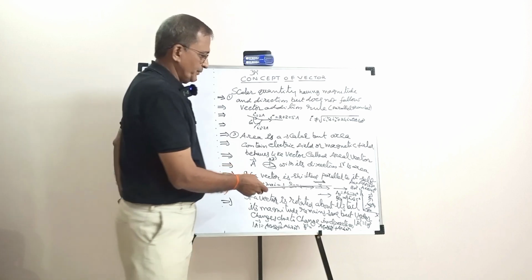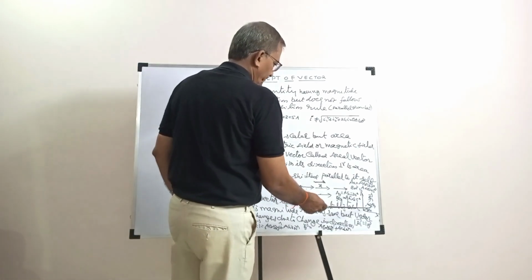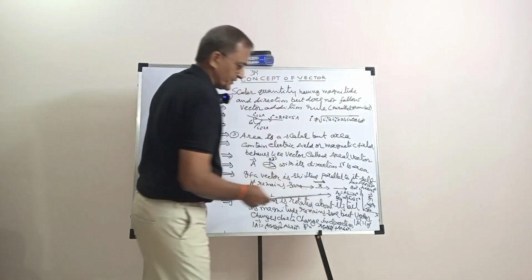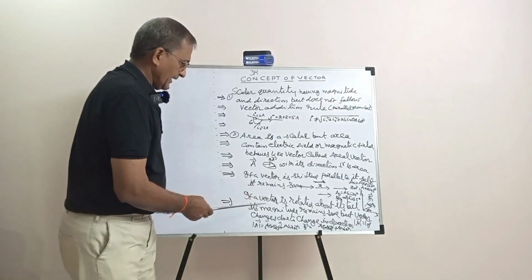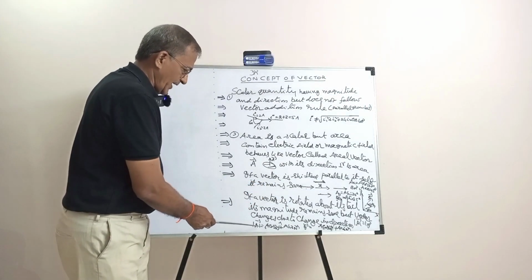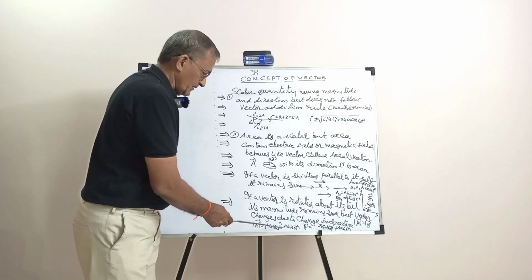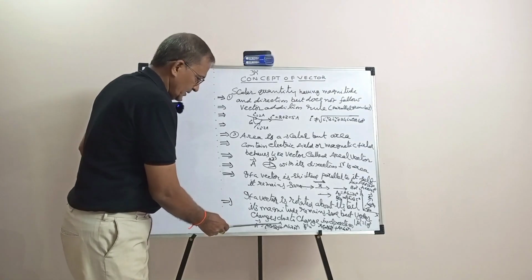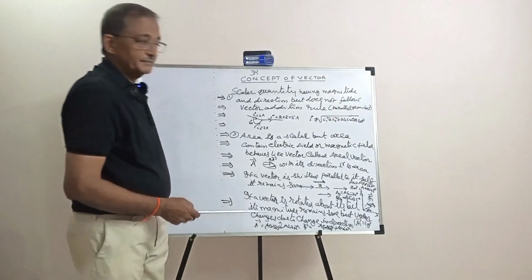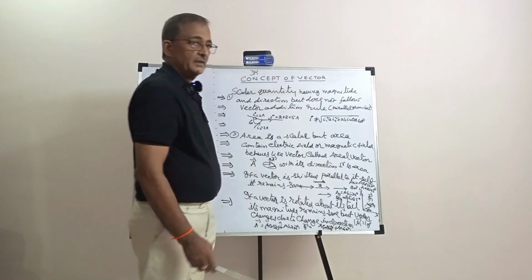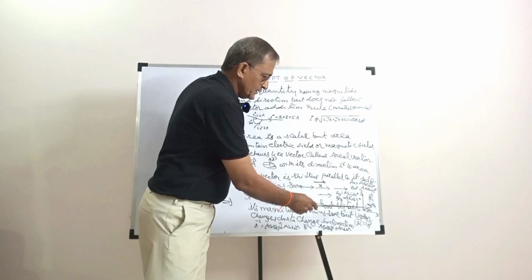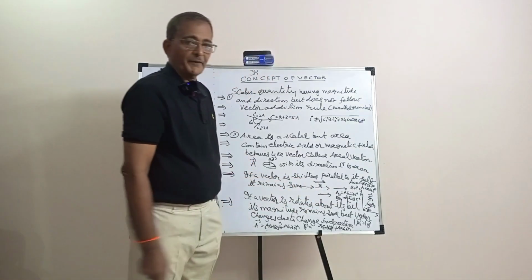For example, this A bar makes an angle of 30 degrees with the x-axis in the initial condition. I can represent that A bar as A cos 30 i cap plus A sin 30 j cap. If that vector is rotated through 15 degrees, the angle becomes 30 plus 15, that is 45 degrees.